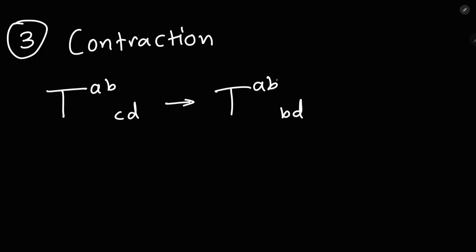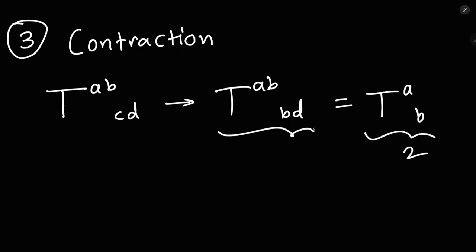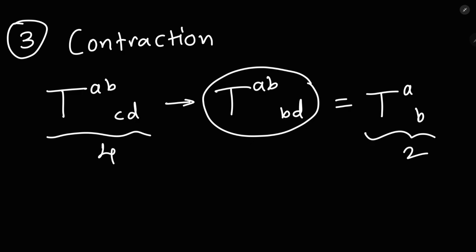of an upper index and a lower index, and this will be a mixed tensor of the form T^A_D. The rank of this is 2, and we originally started with a rank 4 tensor. So this contraction of one upper index with a lower index gives us a tensor whose rank is 2 lower than the original one.